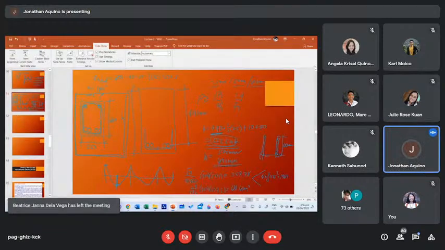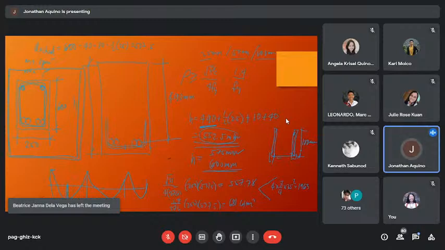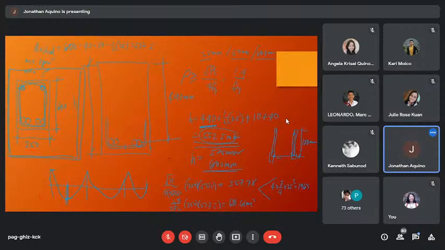Okay, so last time, we designed a single reinforced beam. We came up with a beam dimension of 250 millimeter by 600 millimeter, and we determined the number of bars to be 4 bars of 25 millimeter diameter.